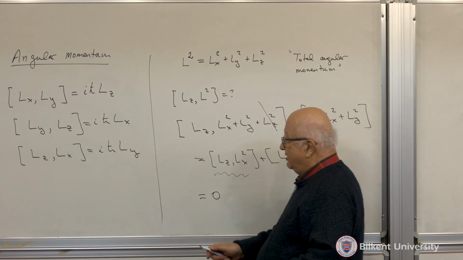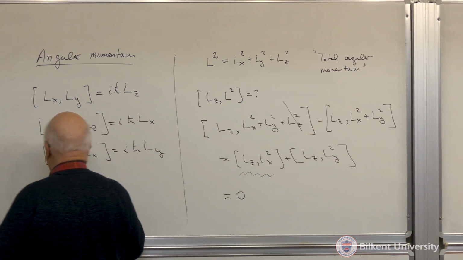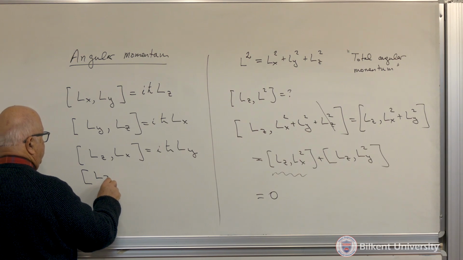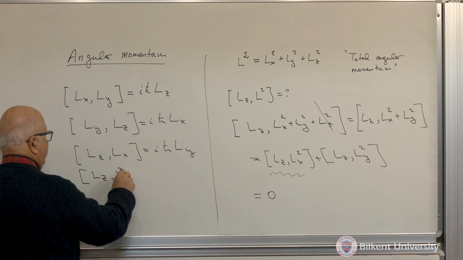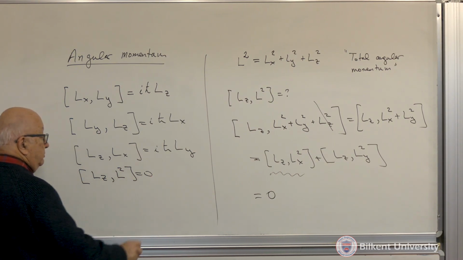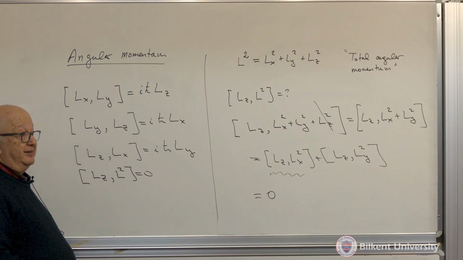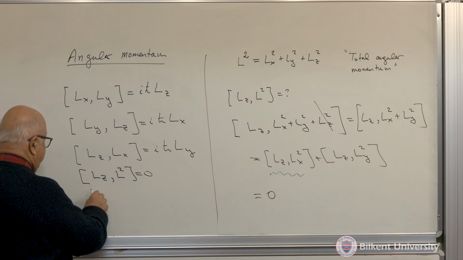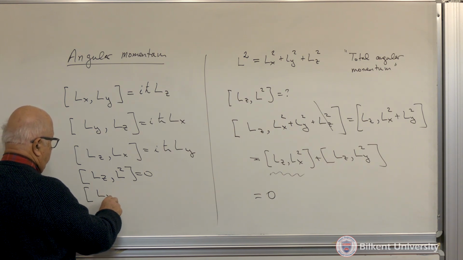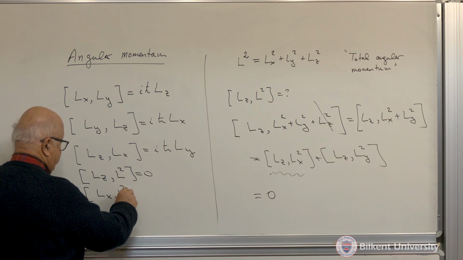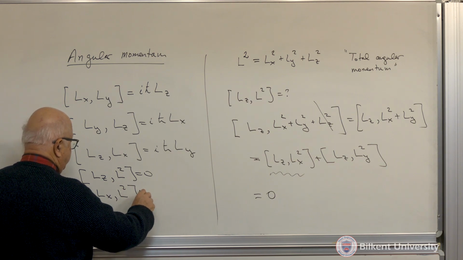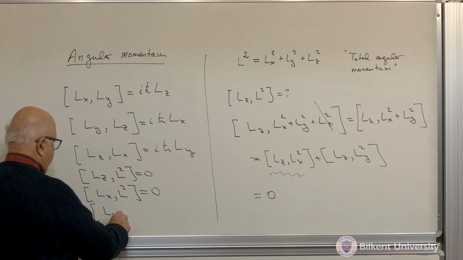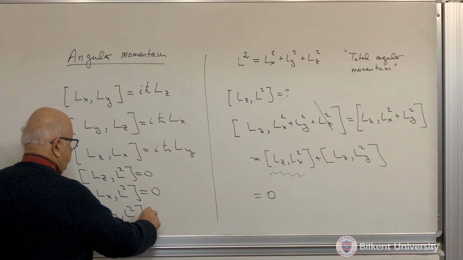This says that Lz commutes with L squared. So Lz has nothing special, z is not a special direction. So although I have not calculated, I can just say that due to symmetry, all of these commutators, Ly, L squared, they'll all be 0.